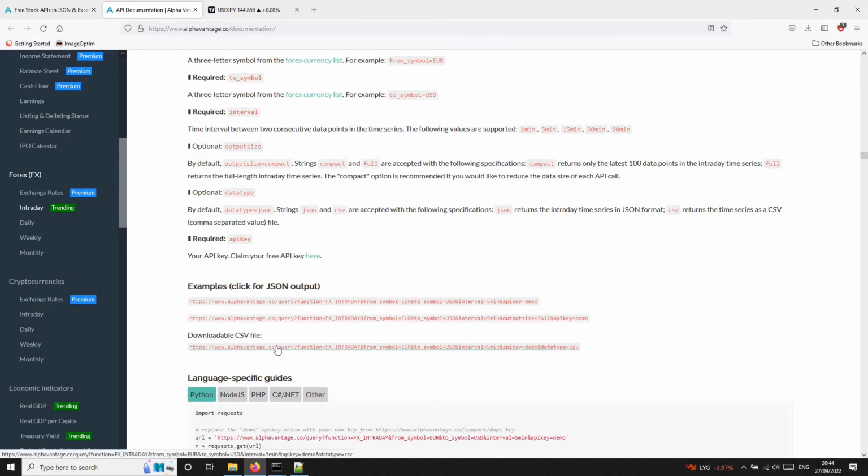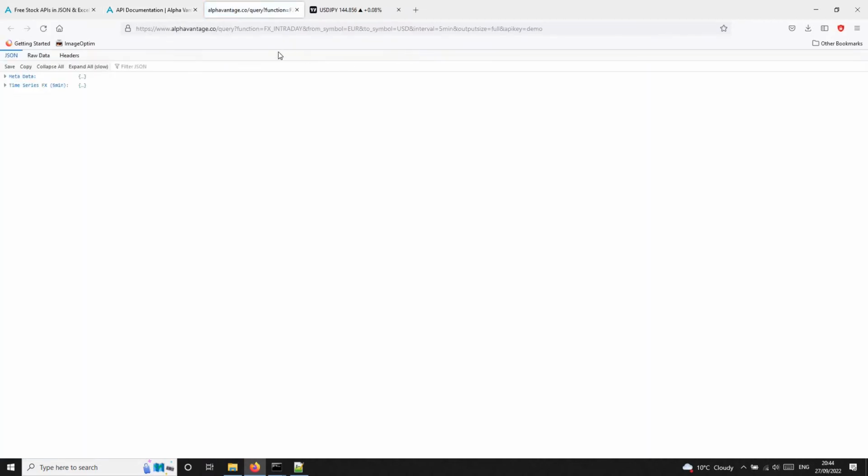For this analysis we will take the CSV because it's easy for us to save the CSV file and then read it for analysis, and we will try to get the data for different pairs and time frames. You can click any of them, or you can take the CSV one, but let me click this one because it has output size full. All I need to do is add at the end datatype equals CSV.